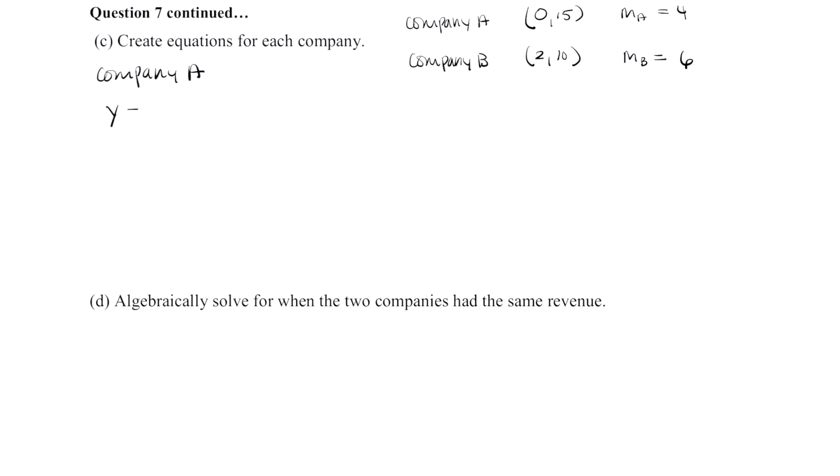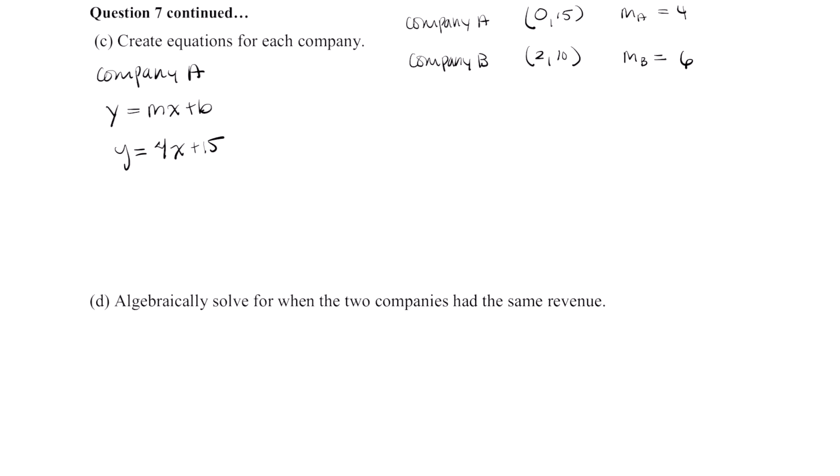We have this representation of a linear equation. This is in slope-intercept form. I can tell the y-intercept, the b here is 15, because when x equals 0, we have our y-intercept, and in this case it's 15. Additionally, I know the slope is 4, because I was given that.